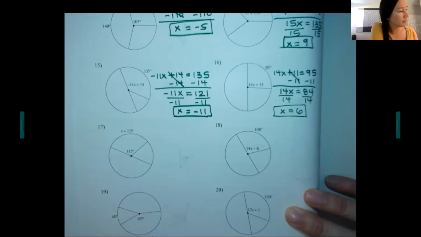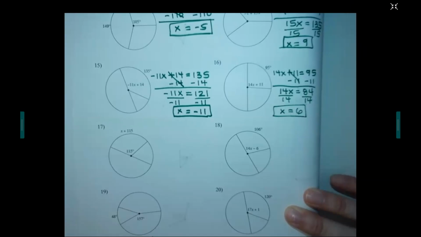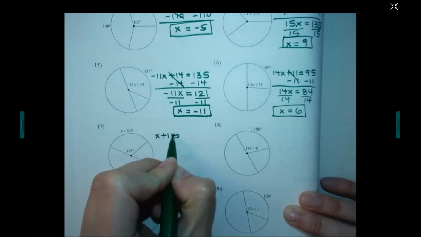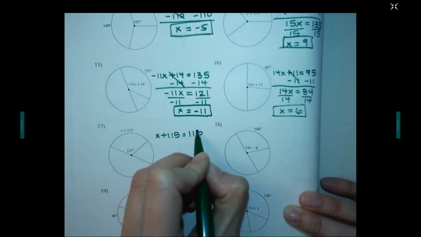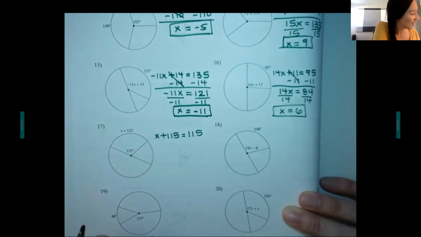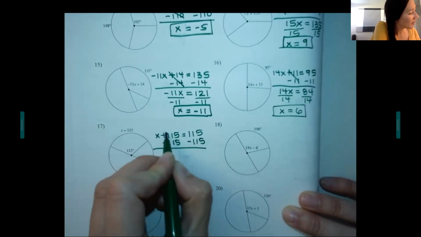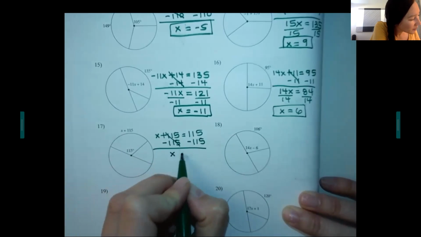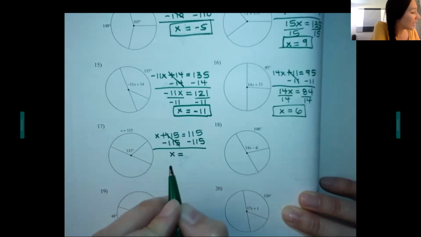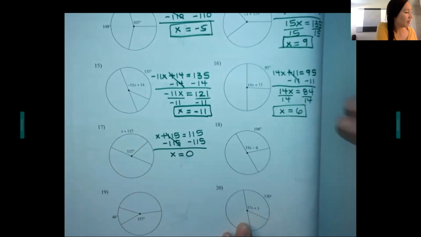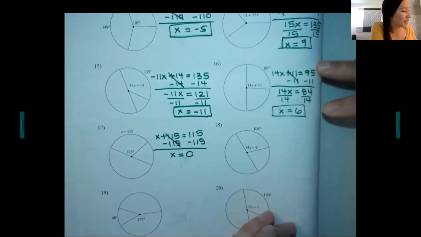Okay. Jasmine, what about number 17 and 18? I'm going to put x plus 115 equals 115. Very good. And then I subtracted 115 on both sides. Sorry, can you say it again, Jasmine? x equals 0. Yep, x equals 0. Good. And then what about 18?